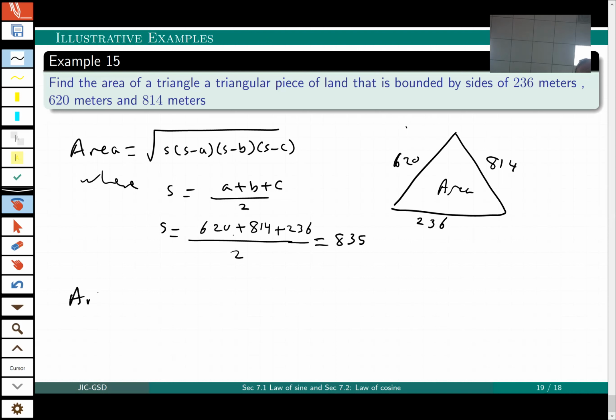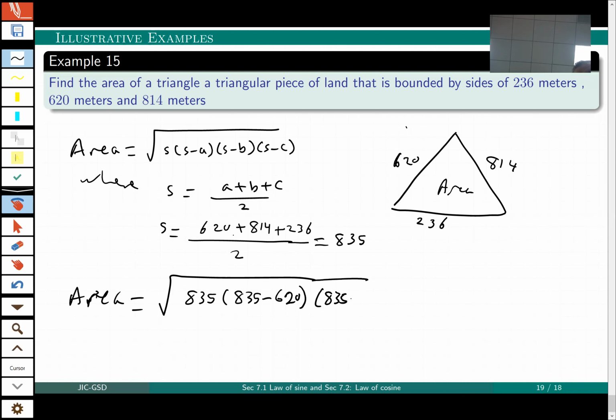So our area is equal to the square root of 835 times 835 minus 620, 835 minus 236, 835 minus 814. That's all. That's the area.